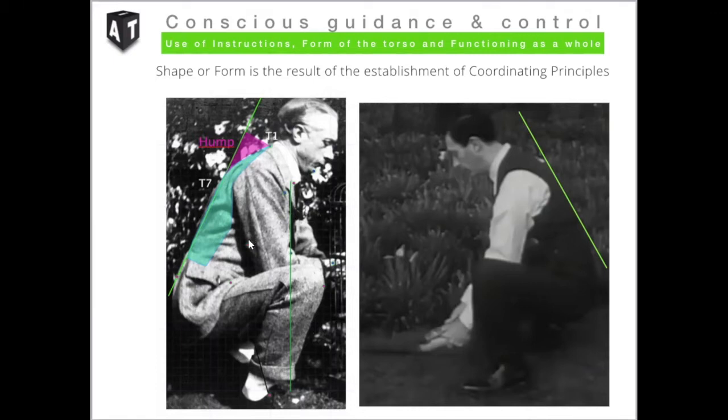And of course, the tendency for the torso to lengthen is the same in both of us. We see that there is a very, very flat back. There is also, at a certain moment, a curve that is appearing, and it was called at the time the hump.